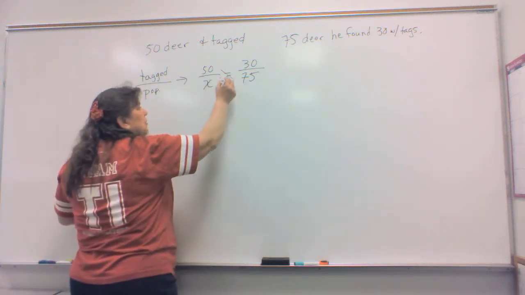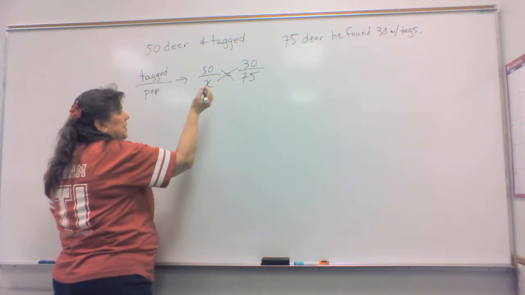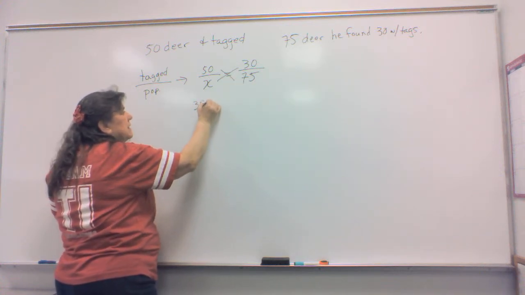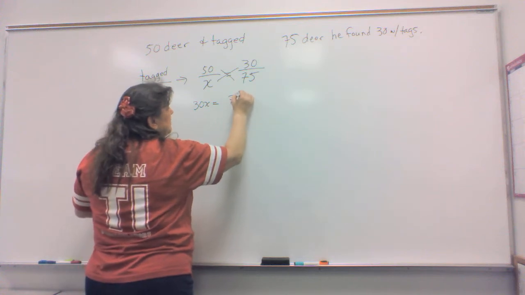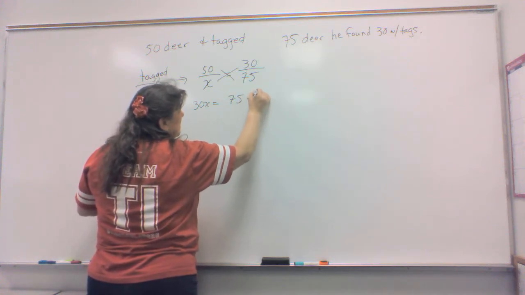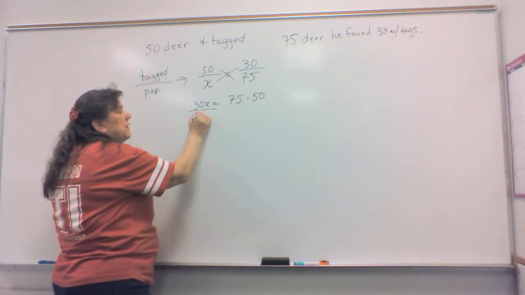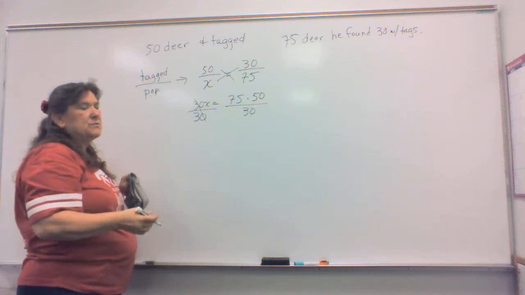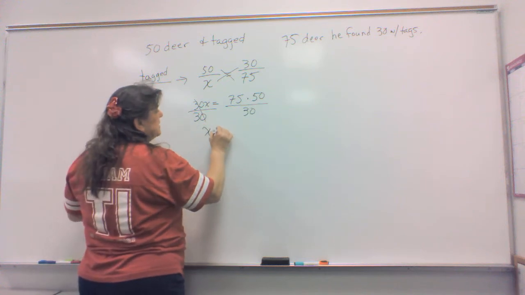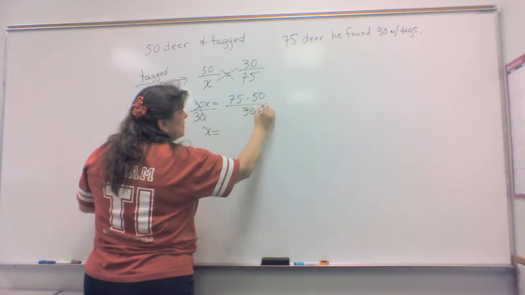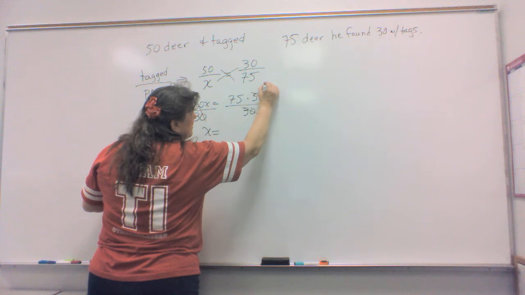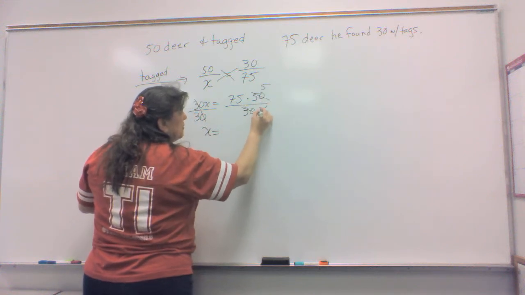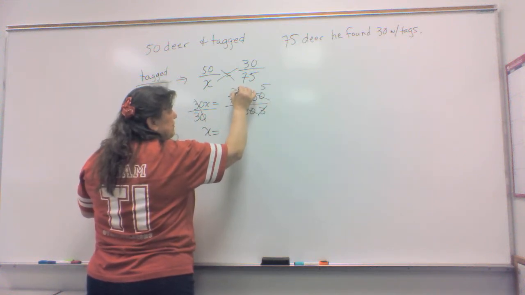So again, cross products, and we get 30x is equal to 75 times 50. Now, without even multiplying, I'm going to divide by 30 because I can do this without a calculator. 10 goes into 30 3 times, 10 goes into 50 5 times, and 3 goes into 75 25 times.